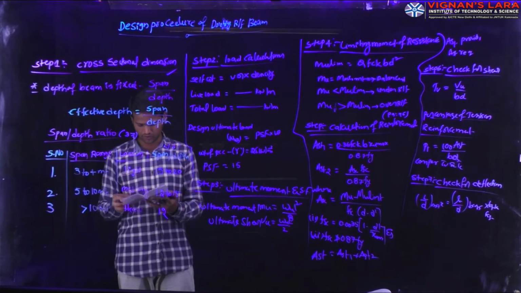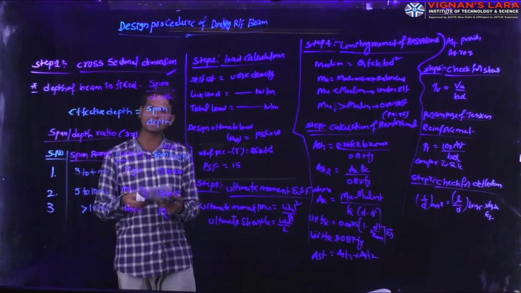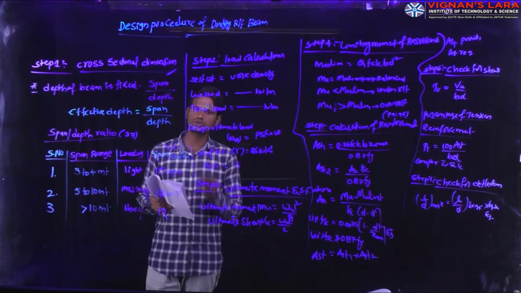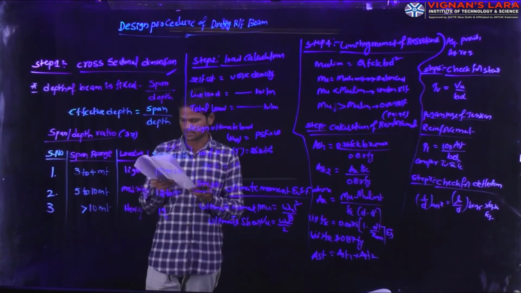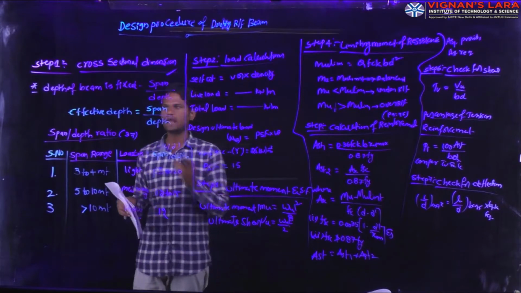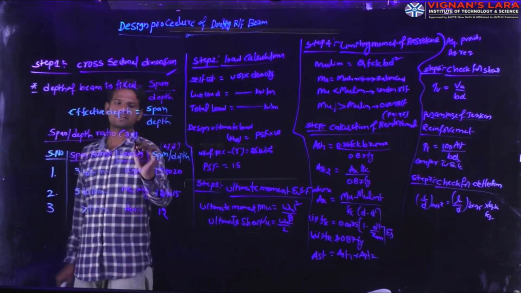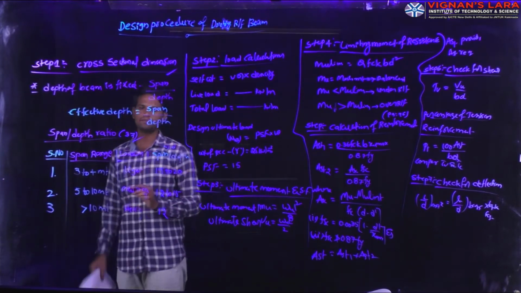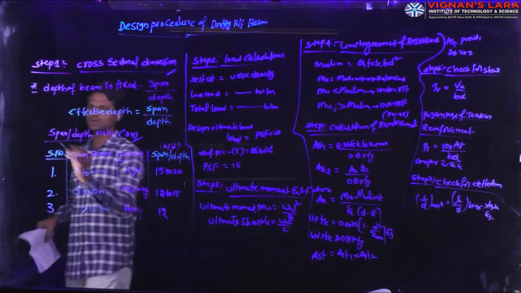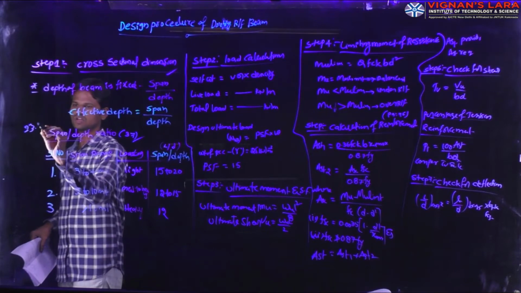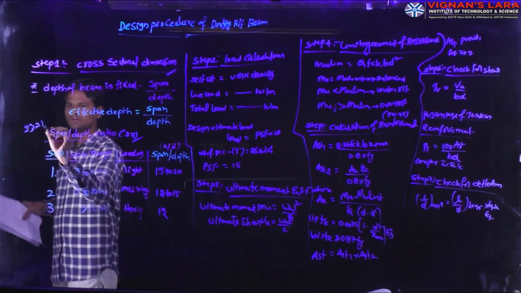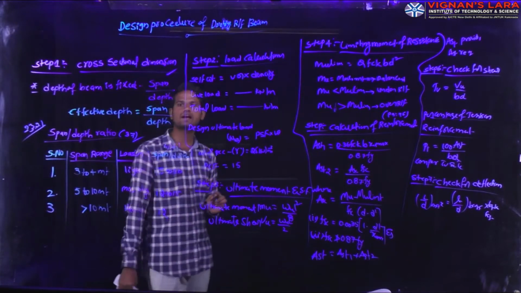The effective depth of the beam you can calculate from the IS 456 2000 code book, that is clause number 23.2.1 and page number 37. From this clause you can calculate the span to depth ratio.